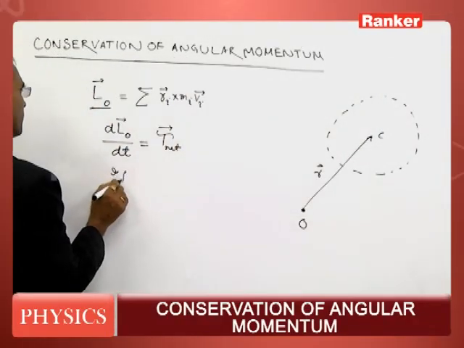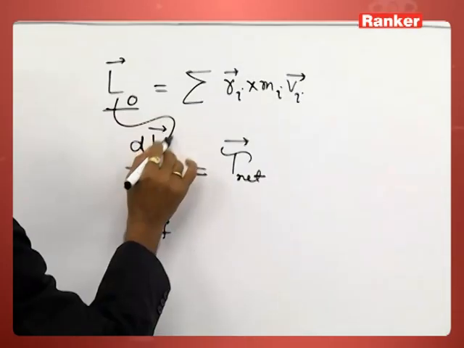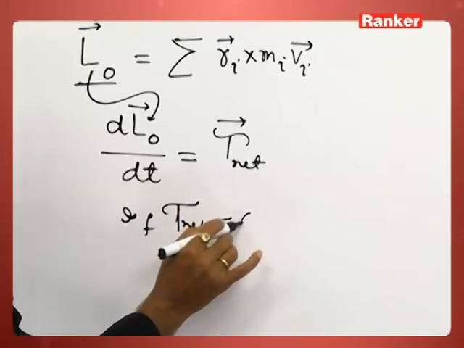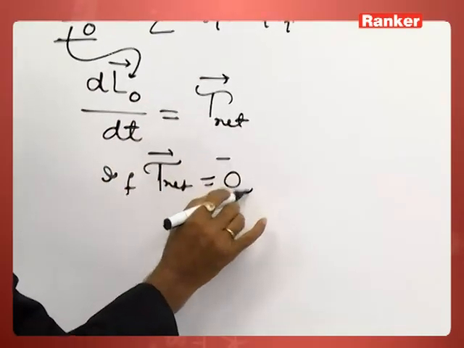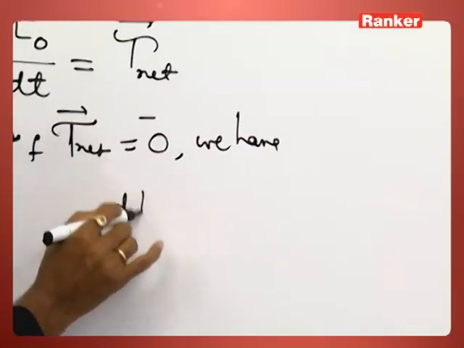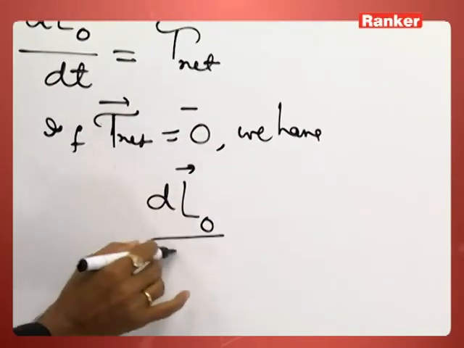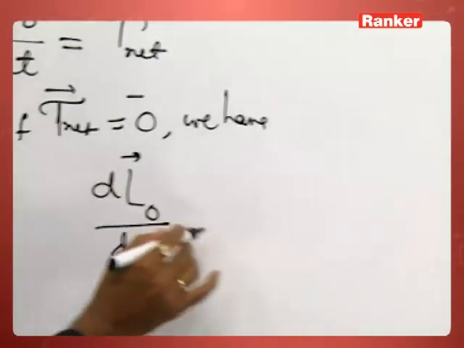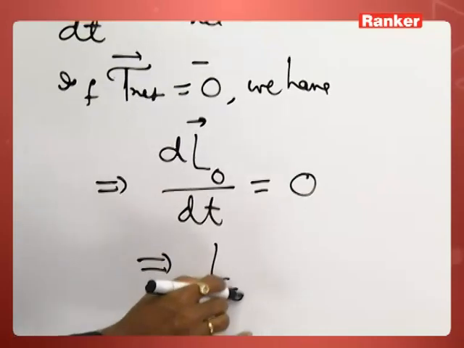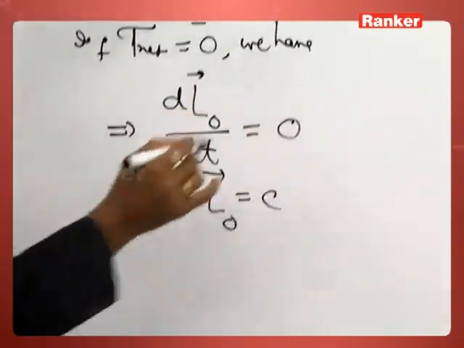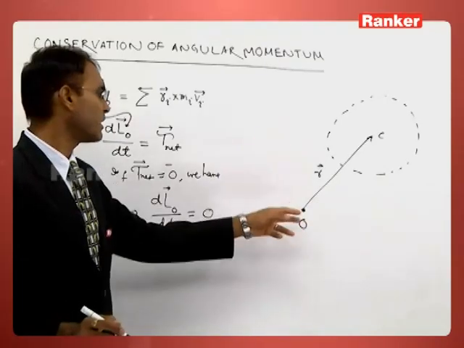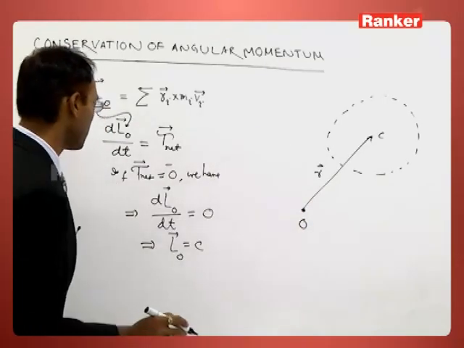And if the net torque acting on the system is equal to 0, we have dL/dt about this reference point equal to 0. This gives us a constant angular momentum of the system with respect to the given reference point.